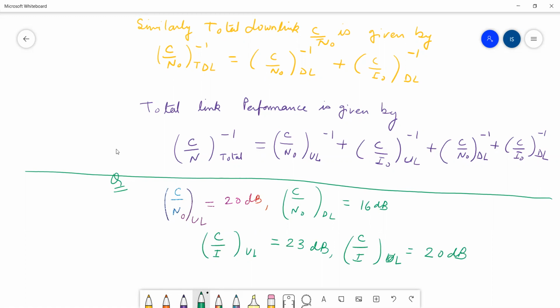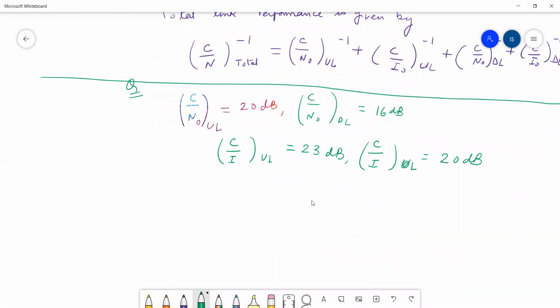So we have to calculate the total C by N naught. Okay, so total C by N naught we have to calculate.